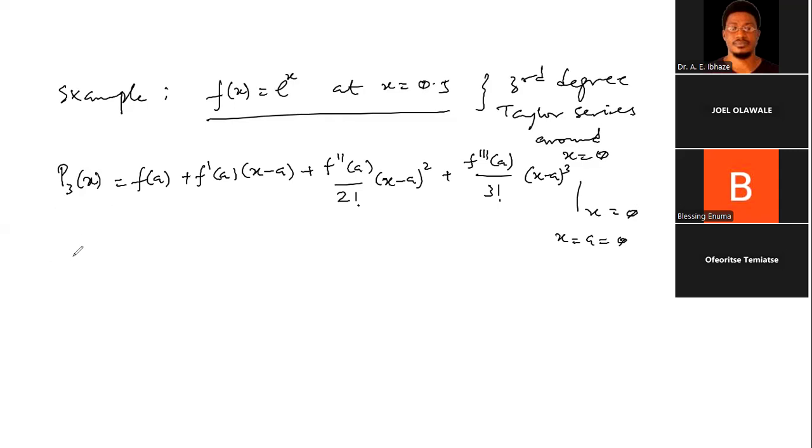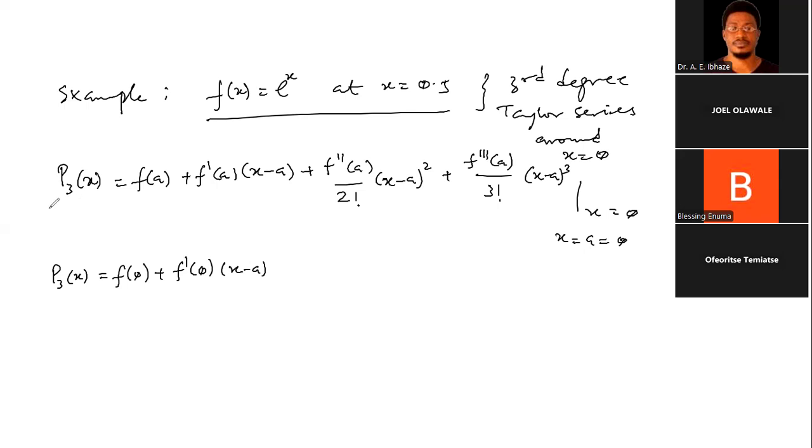Then this truncated Taylor series will be rewritten as P_3(x) equals f of 0, plus the first derivative of the function at 0 times (x minus a).